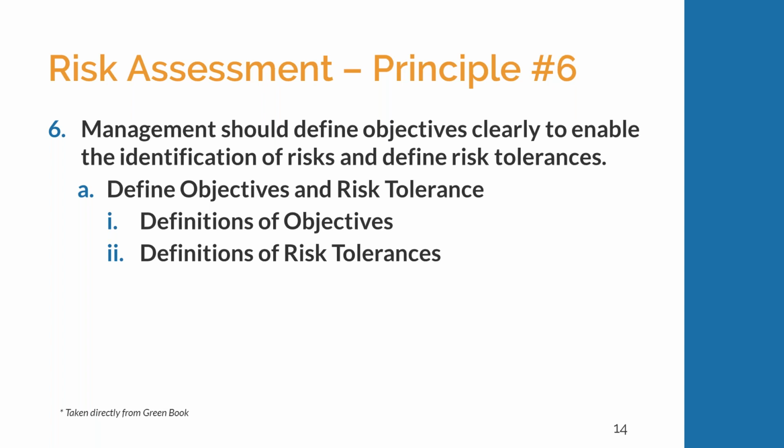And then what is your risk tolerance? One thing programmatically would be your tolerance for, let's say, safety. If you have a shelter and you're looking at safety, how do you define that? Which will also help you set up your internal controls to meet those tolerances.